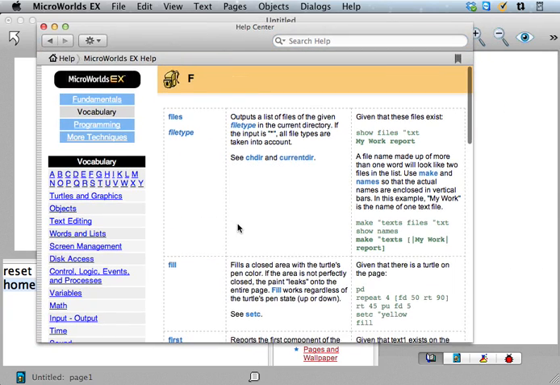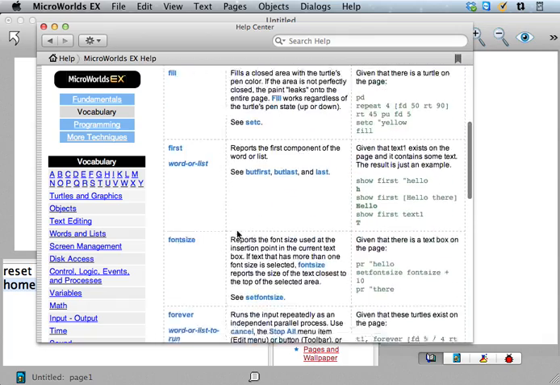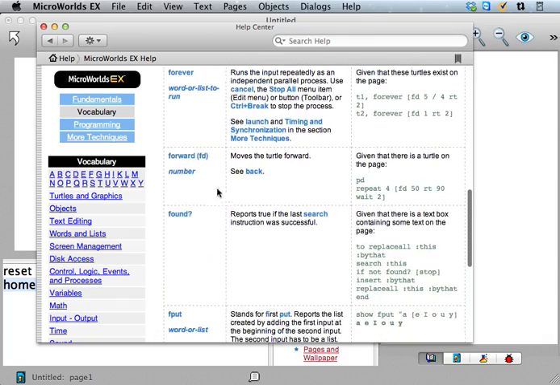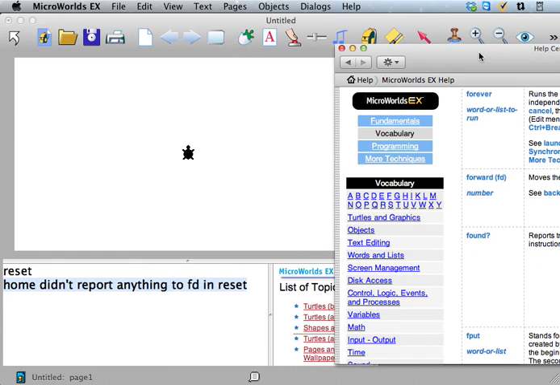You know this one by now, but I'm going to look it up anyway because I want you to see what it looks like in the vocabulary. It says forward, and the abbreviation is FD, and it needs a number for input. We did that exercise before. If you just say FD, it says FD needs more inputs. You need to say FD and then some number.